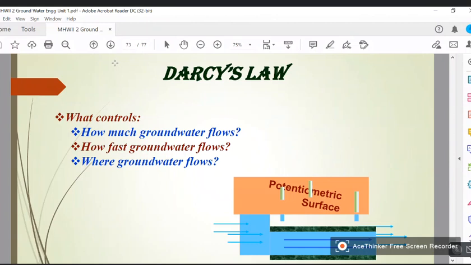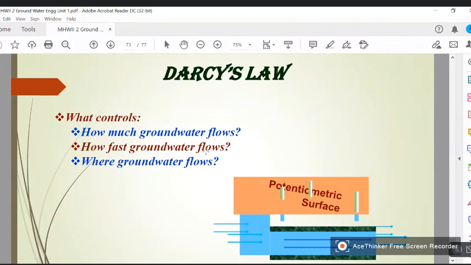Now, what does Darcy's law say? Darcy's law says that the velocity of flow is proportional to the hydraulic gradient line. So V is proportional to dH by dl. That is what Darcy's law says. So how much groundwater flows, how fast groundwater flows, where the groundwater flows: Darcy's law gives you information about these three aspects.